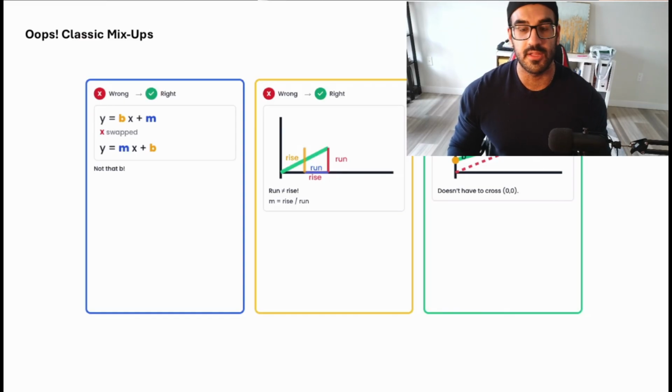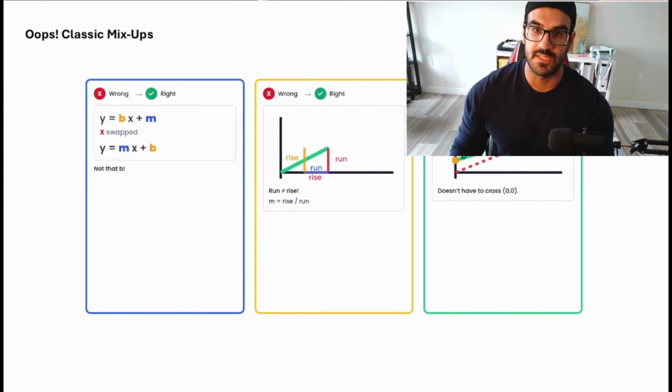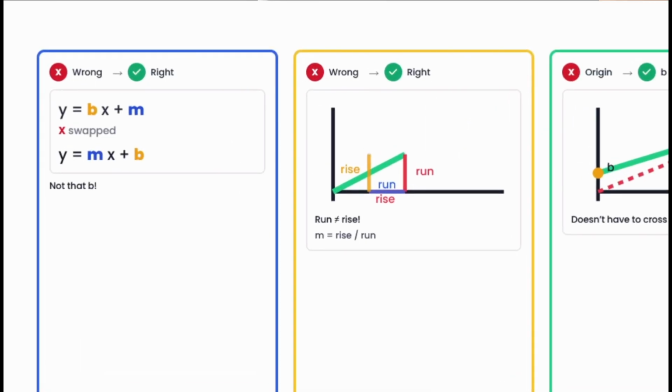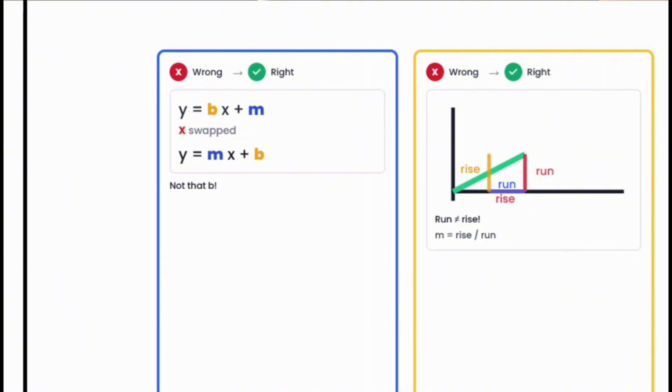So let's talk about a few problems or mistakes that I saw so many students make. When you're talking about y equals mx plus b, you have to be careful. m is the rate of change, b is the intercept or your beginning point. Let's look at this example. Sometimes it would happen that instead of just using this one, you would do something like that.